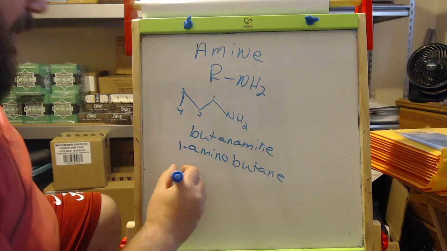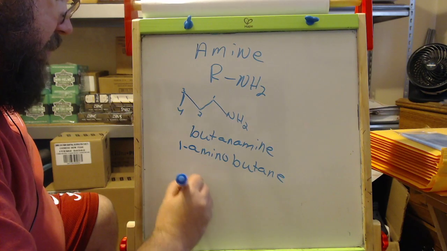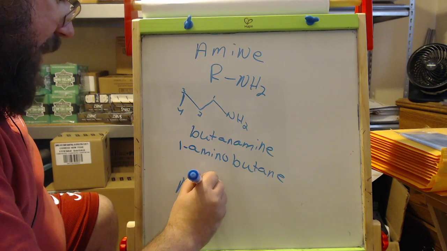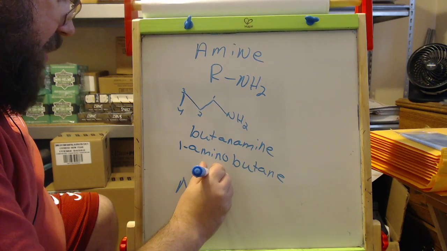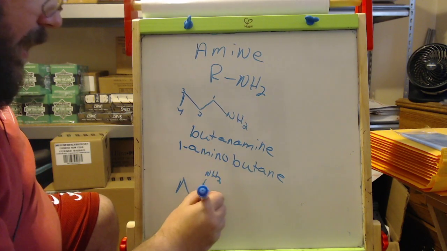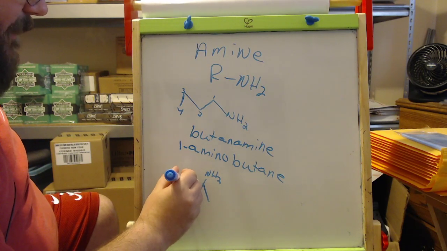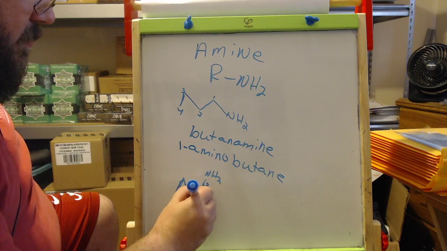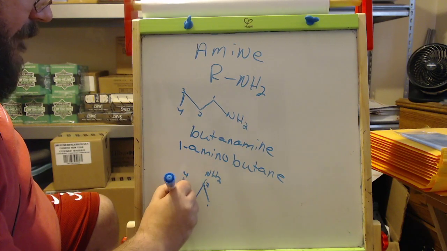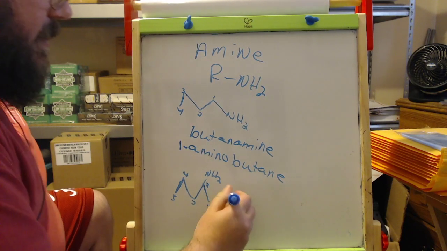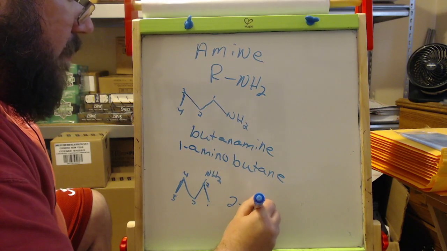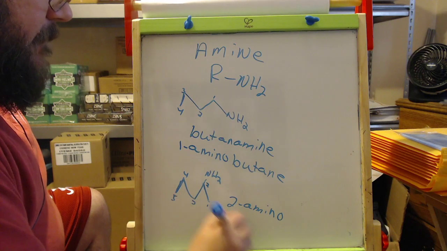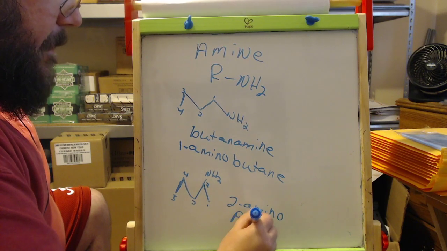So if I had, let's do this again, but now the NH2 is coming off here. I've got 1, 2, 3, 4, 5 carbons. I would call this 2-aminopentane.